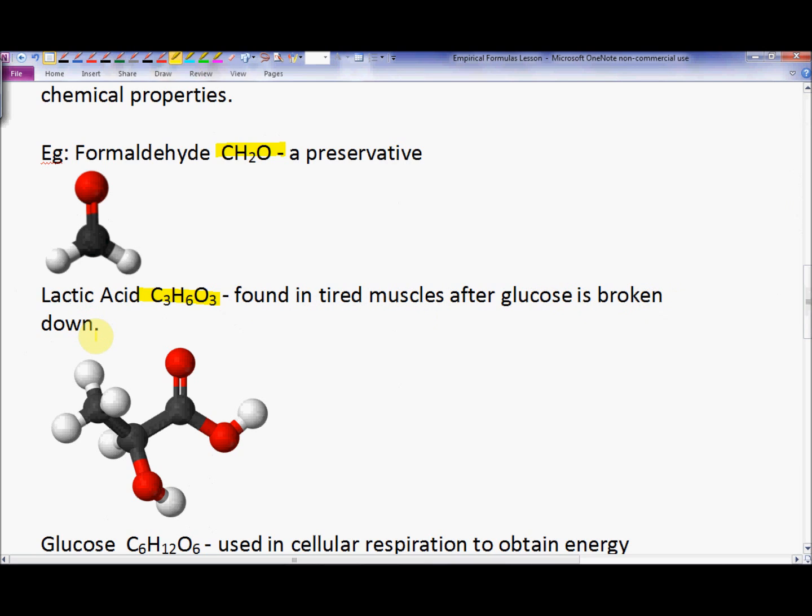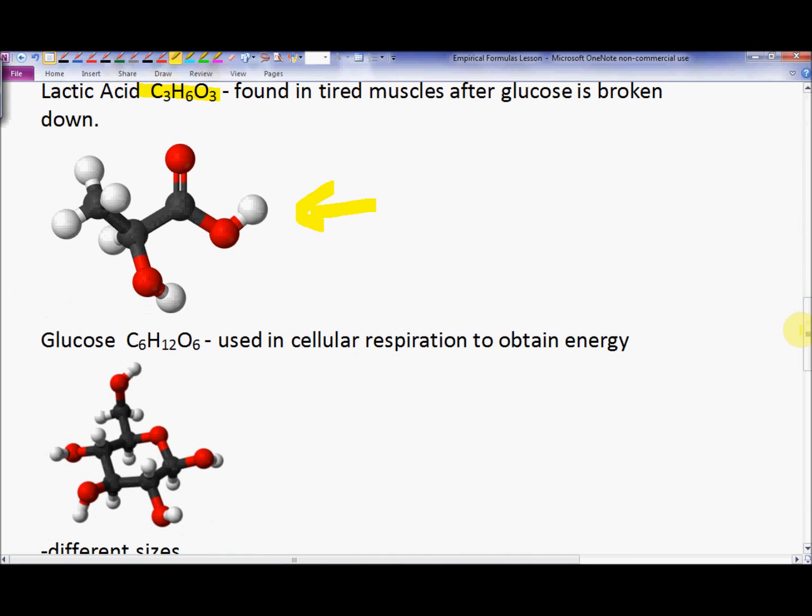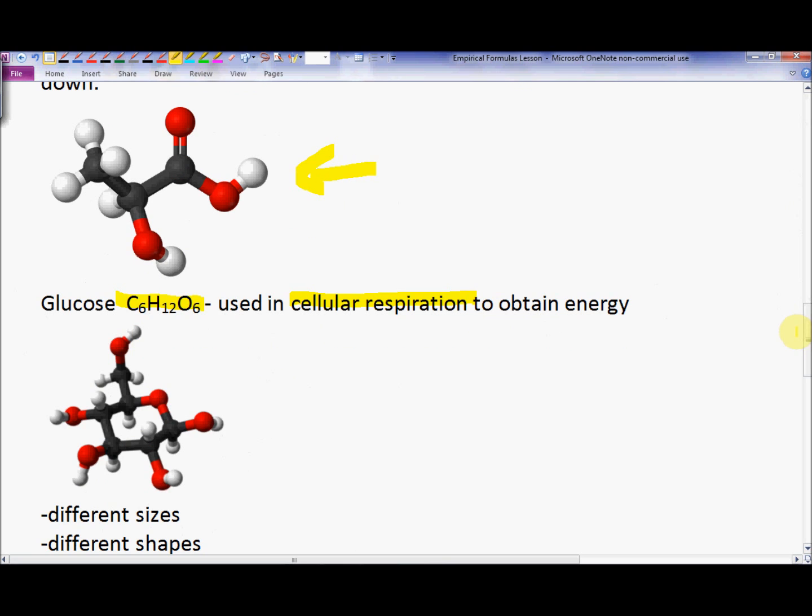And you can see here, it is a completely different molecule. It's got a different shape, it's got a different number of atoms, etc. Looking at glucose, C6H12O6, that's what's used in cellular respiration as fuel so that we can obtain energy for cells. And again, here the shape of the molecule is much different. It's a bigger molecule.